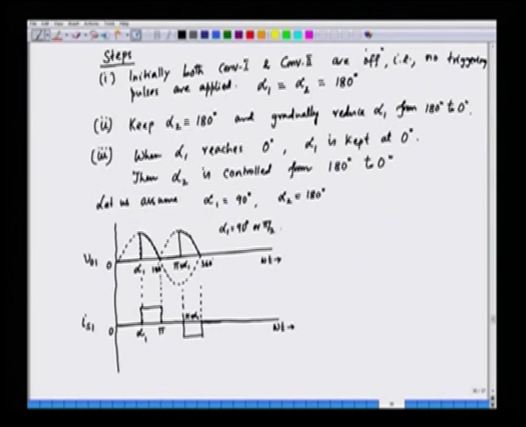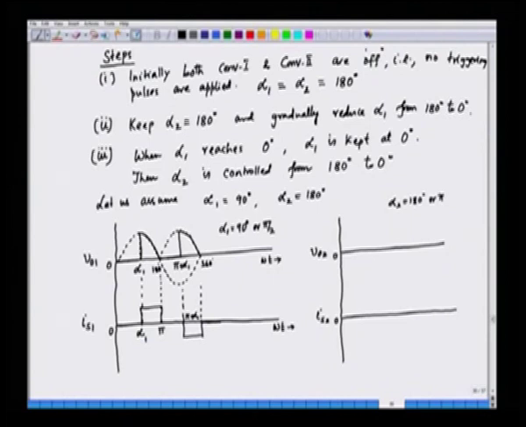And what about V naught 1? Now, this is our V naught 1, and we can also plot V naught 2, and similarly IS2, this is 0 and 0 here, and alpha 2 here is 180 or pi.